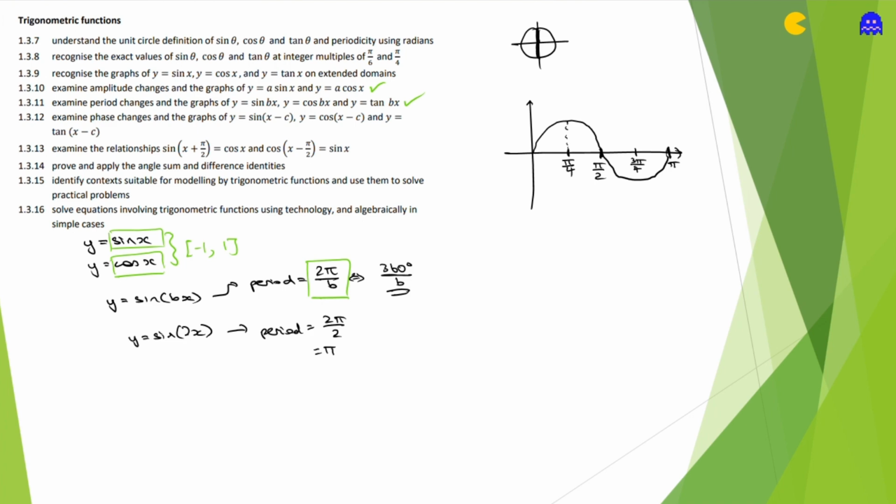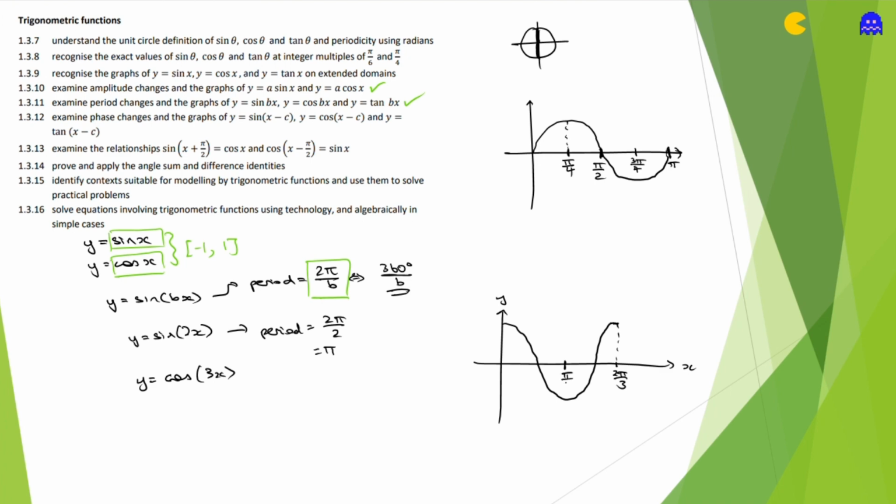In the case of cosine x, y equals cosine 3x, for example, what happens is we look at our graph, we have our y and our x value. Our cosine graph looks something like this, except now rather than occurring over a period of 2 pi, it occurs over a period of 2 pi over 3. And so these key points get contracted as well.